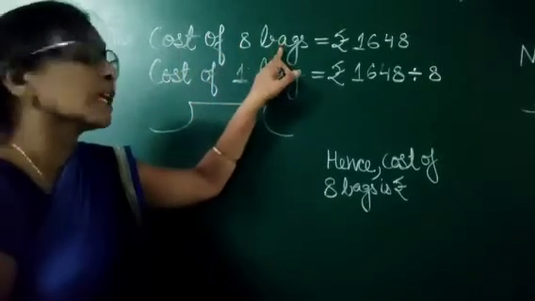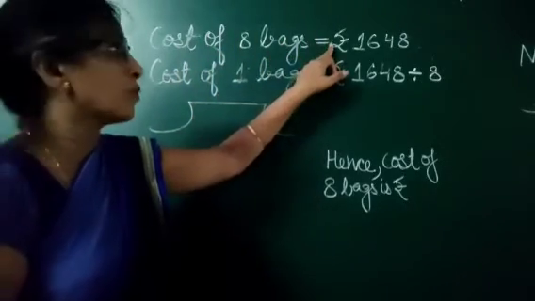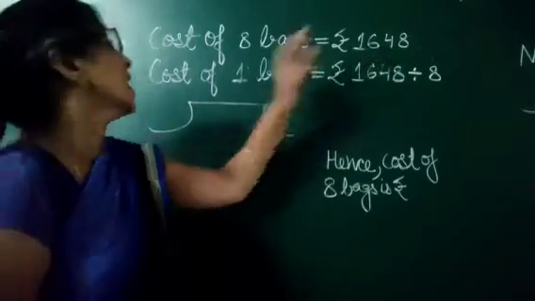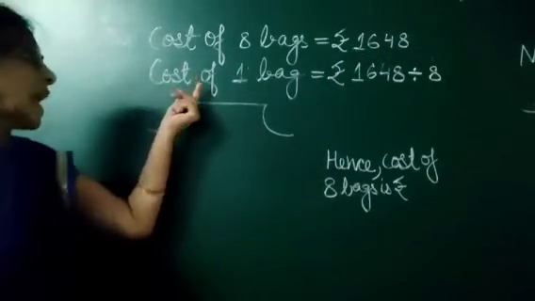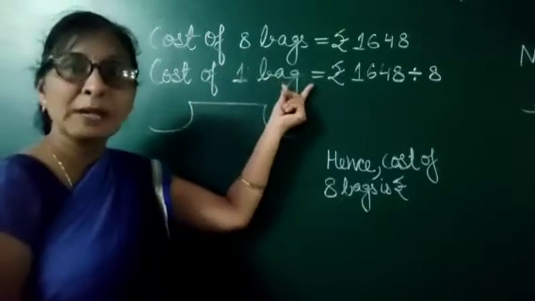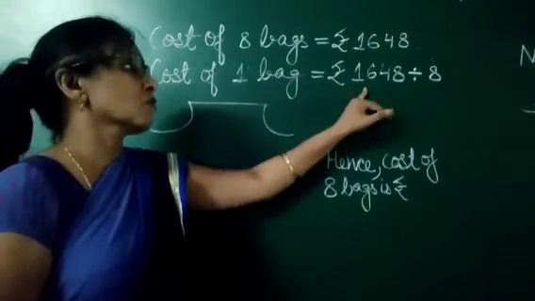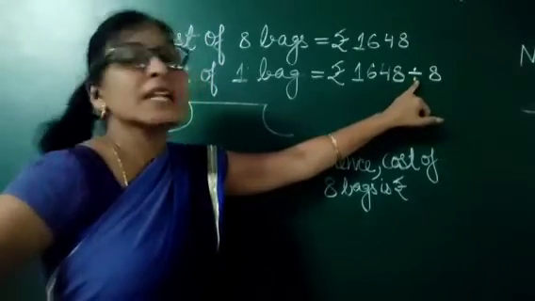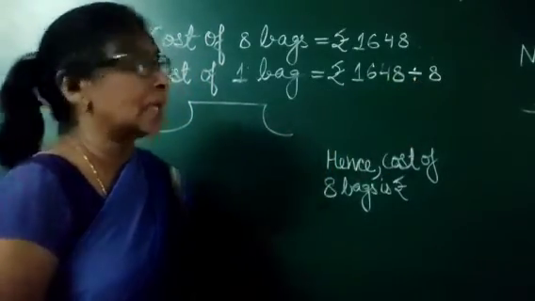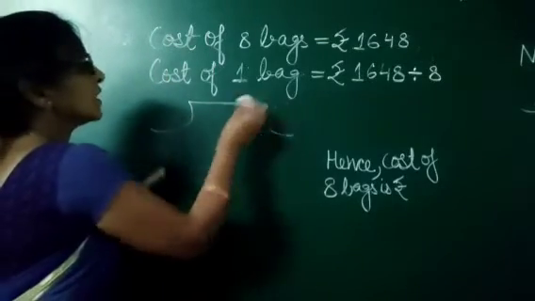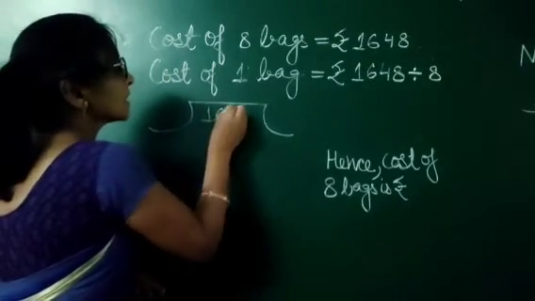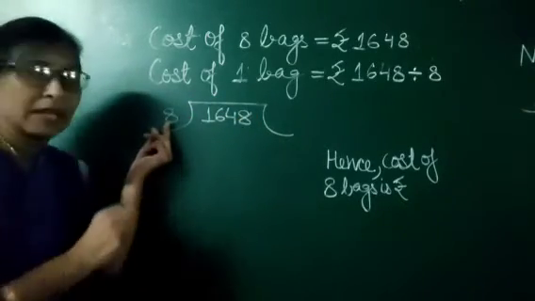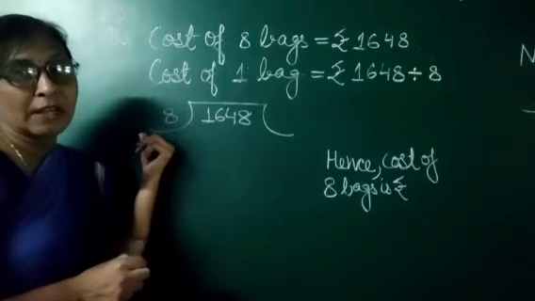Cost of 8 bags is equal to rupees 1648. In the next line we write, cost of 1 bag is equal to rupees 1648 divided by 8. Now the dividend is 1648 and the divisor is 8. Now this number is divided by 8.